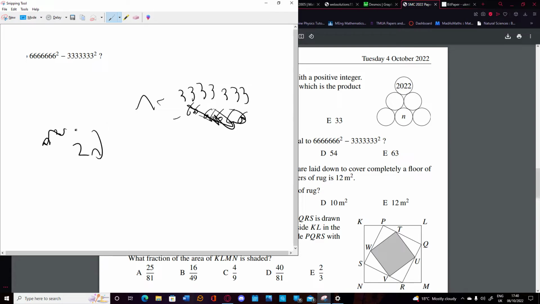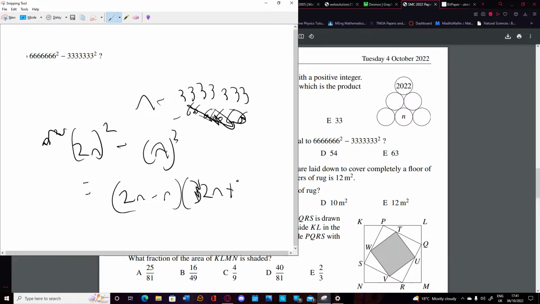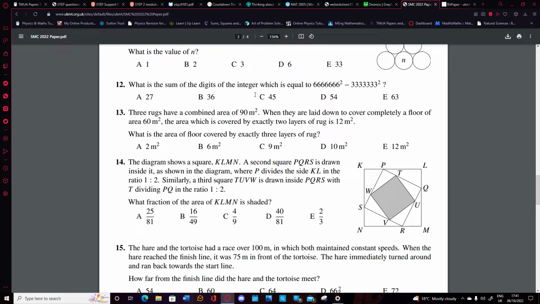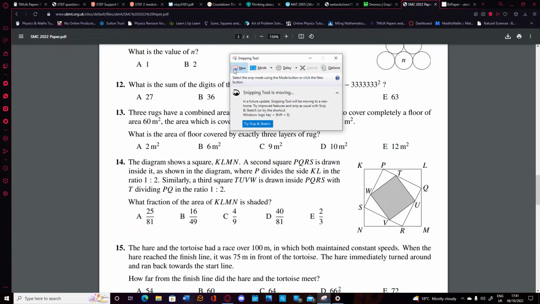You can already kind of spot the difference of 2 squares, but this just makes it easier for calculations. In terms of writing out, you don't have to write out all the 6's and all the 3's. So you just end up with 3n squared. That's just a hint, a kick boost, I guess you could call it. Quite fun, isn't it?